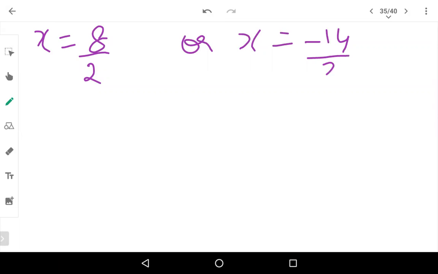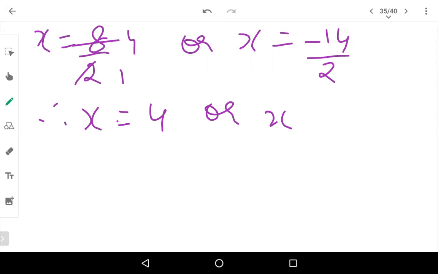So, x is equal to, if you take minus 3 plus 11, you get 8 by 2, or x is equal to minus 3 minus 11, you get minus 14 by 2. So therefore, x is equal to 2 ones are 2, fours are 4, or x is equal to 2 ones are 2, sevens are, which is minus 7.